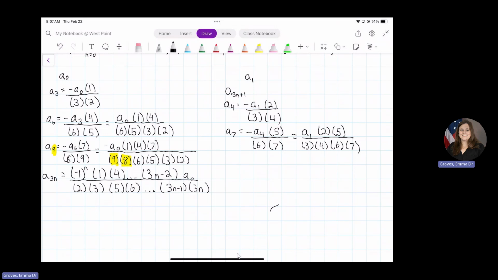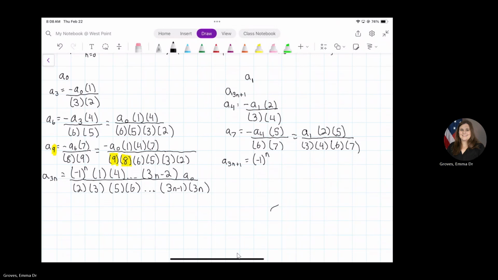So let's see if we can utilize this to write a general rule for a3n plus 1. What's the first thing you guys think we want? Yeah, we need a negative 1 in there. We're going to do negative 1 to the n because we are starting with a negative.